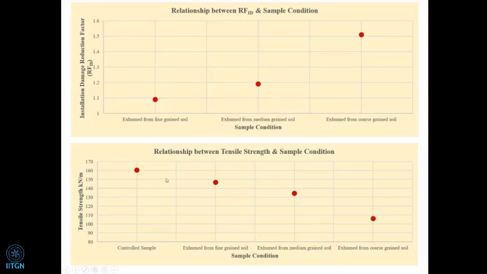Similarly, another relationship we plot is between tensile strength and sample condition in the exhumed sample, from the fine-grained to the coarse-grained soils. The first one is the controlled one, having 160 kilonewton per meter strength, while the others reduce to different strengths. So this way we can represent our values also.